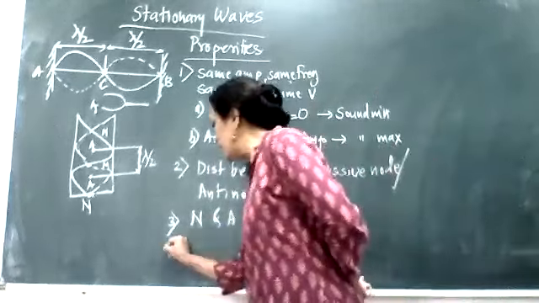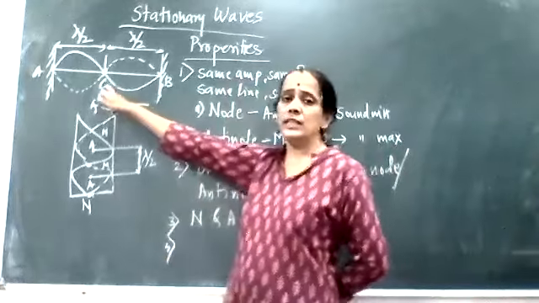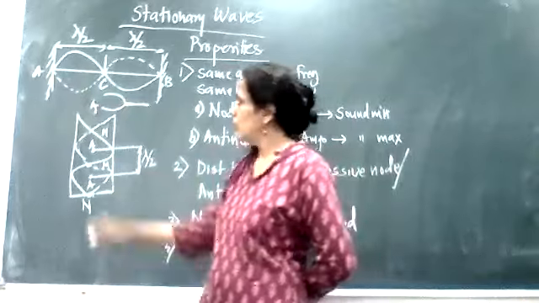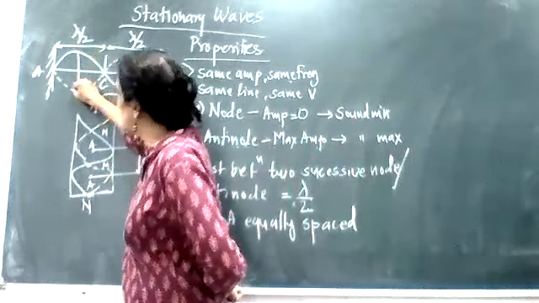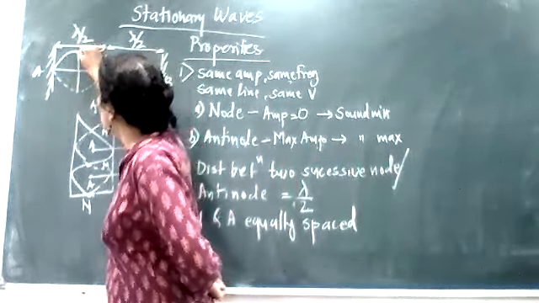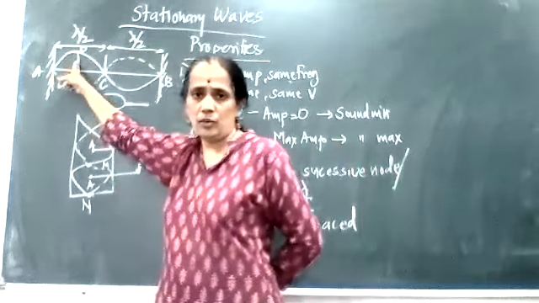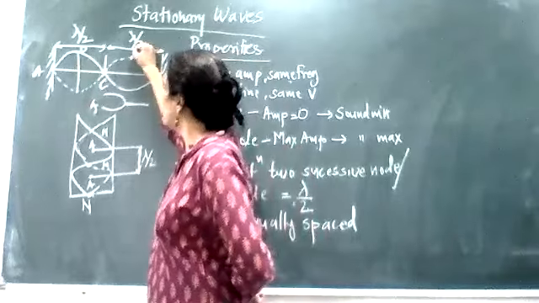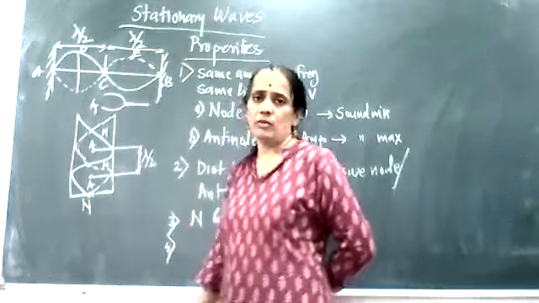Then the fourth one: if you are seeing the diagram, at A point I am getting a node. At the center point, B point, I am getting an antinode. Again at C point, node. Again at D point, I am getting an antinode.